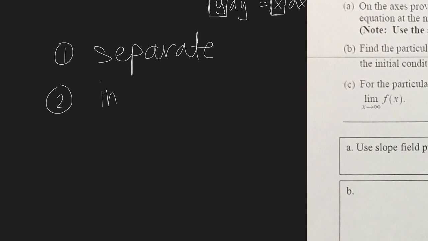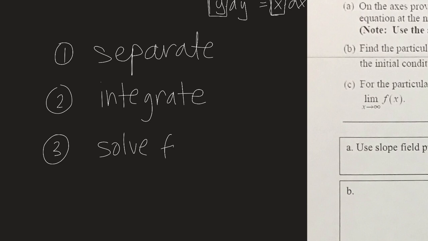Step number 2 is to integrate. You take the integral of both sides. That's how we get rid of the dy in our differential equation. The third step is to solve for c, because anytime we take an antiderivative, we always have that plus c constant.